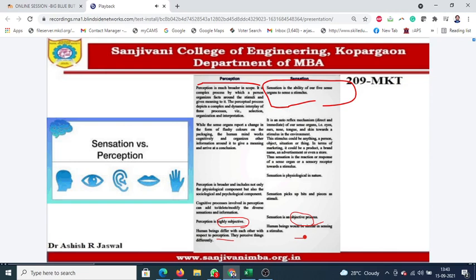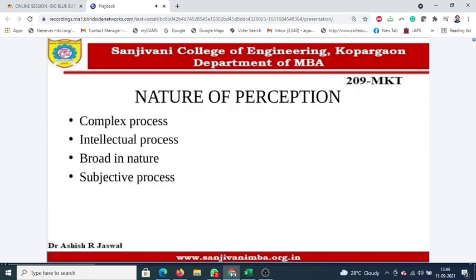With this, we move a step forward and try to understand the nature of perception. There are 4 points which we need to look into. The perception process can be very clearly understood if we look into the nature of perception. The first point written here: nature is a complex process.